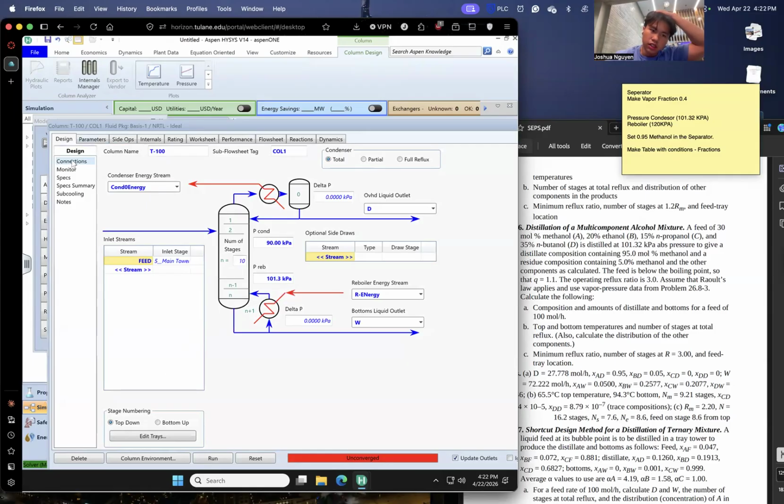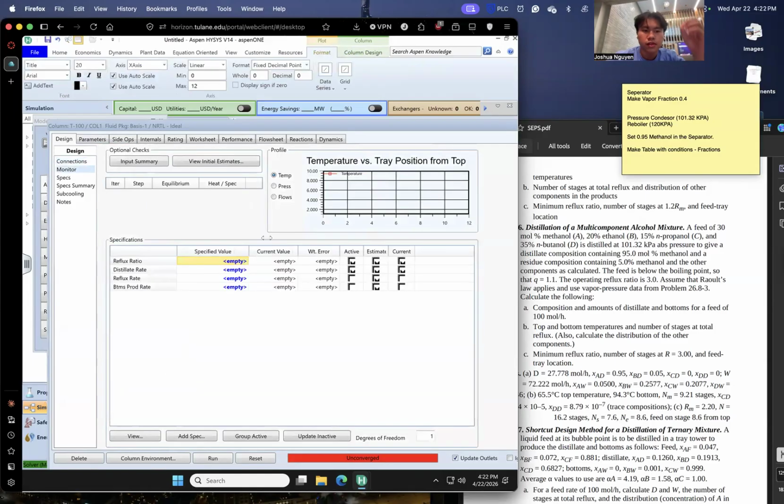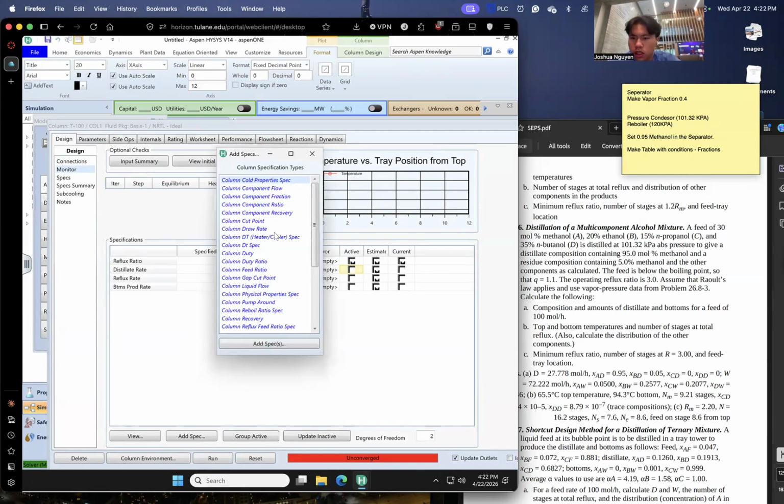So then we can go to monitor. We can put the reflux ratio at 3 because that was the operating one. And instead of doing the distillate rate, let's put in a spec for the 95% methanol like we did originally.